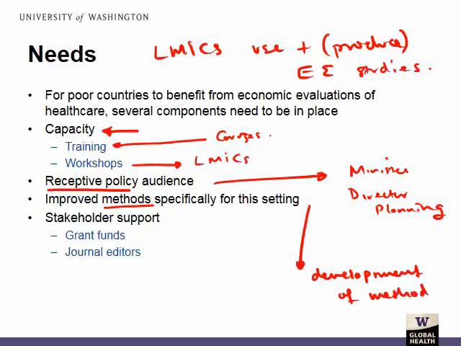There are few grants made to support economic evaluations in poor countries, and also dissemination. Journal editors aren't always aware of and receptive to publishing economic evaluation reports from poor countries. So if these things change, then there's a better chance that the quality of decisions made, at least in terms of efficiency, will improve in the low and middle income countries.